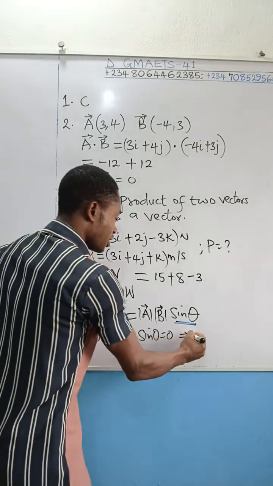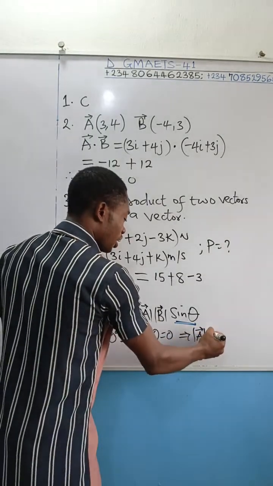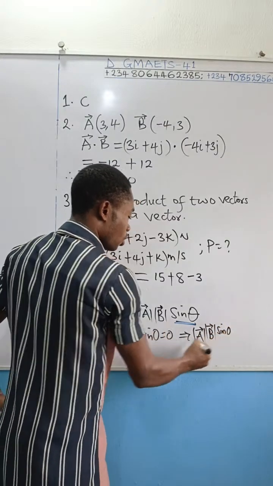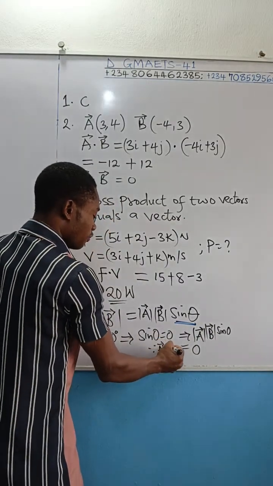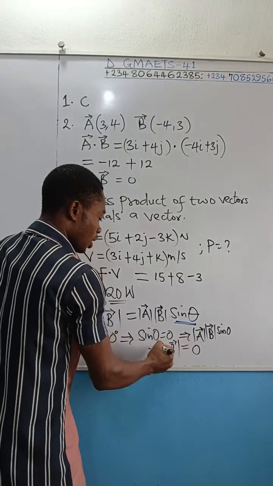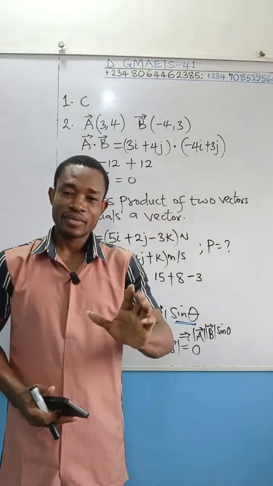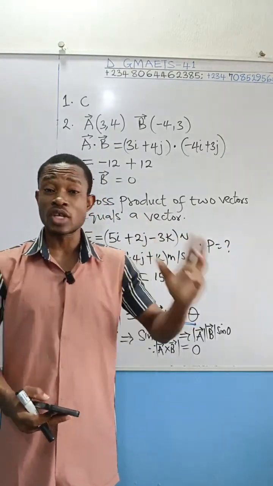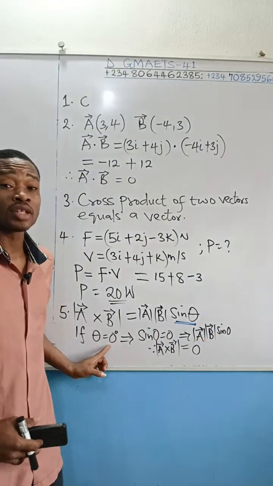It simply means that the magnitude of A times magnitude of B multiplied by sine 0 will produce what? 0. Therefore, the cross product of the two vectors in that case will be equal to 0. So that is it. Once the cross product of two non-zero vectors is equal to 0, it simply means the angle between the two vectors is equal to 0.